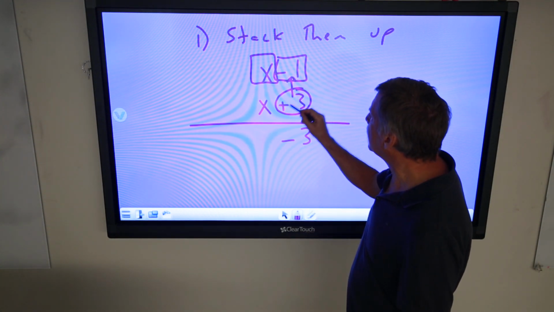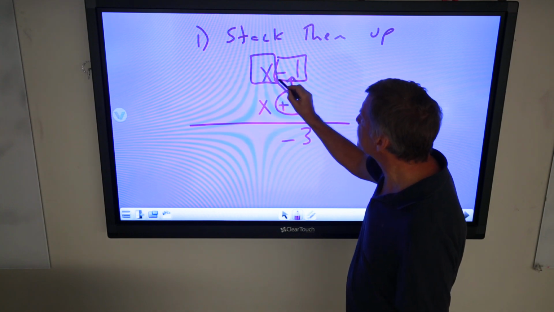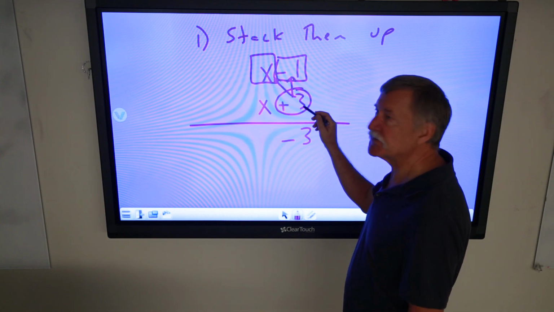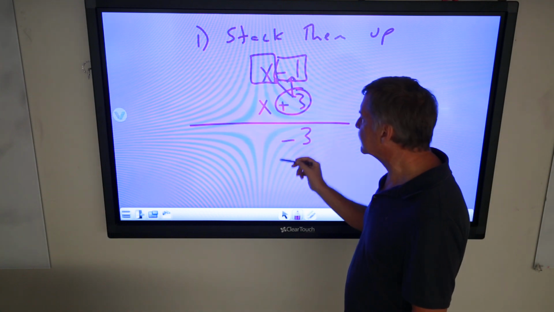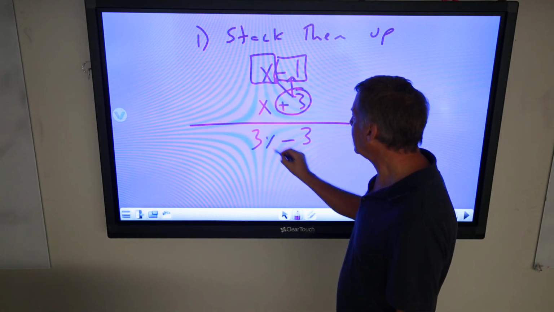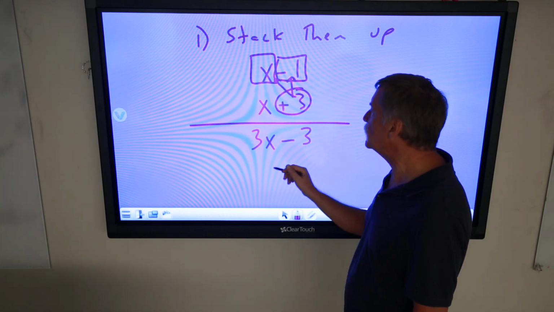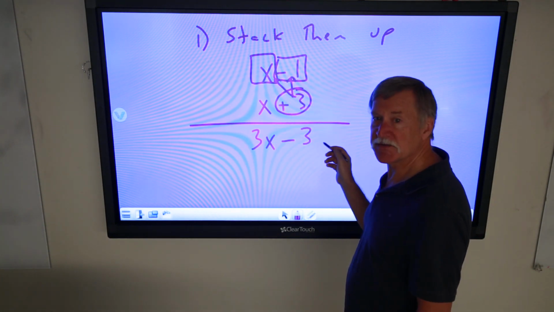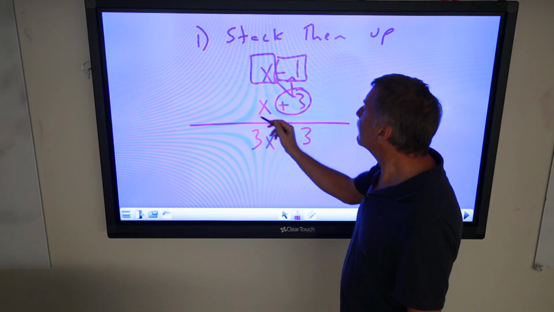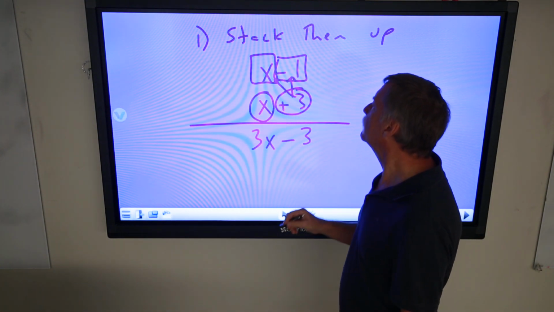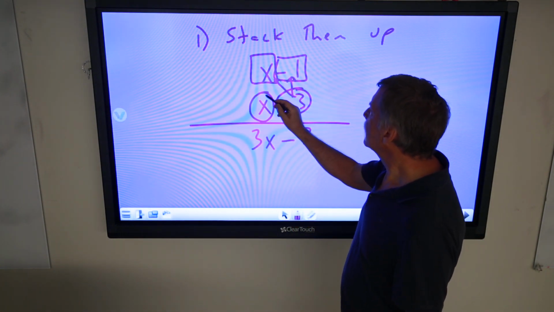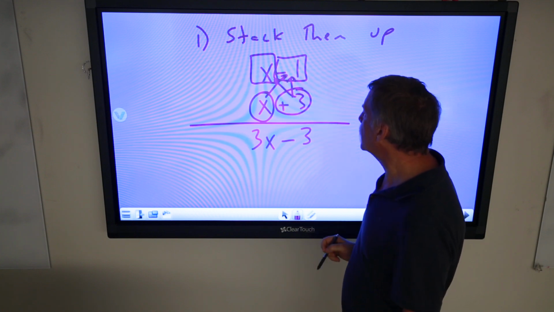Then I have to multiply this term, plus 3, times the next term, x. 3 times x is 3x. So I've taken 3 times x and times minus 1, and now I've got 3x minus 3. All right? Now I've got to do the same thing with the next term. I'm going to take x and multiply it times minus 1.